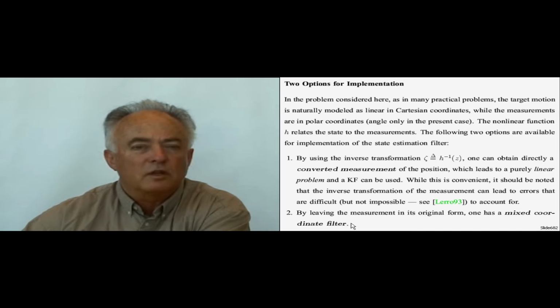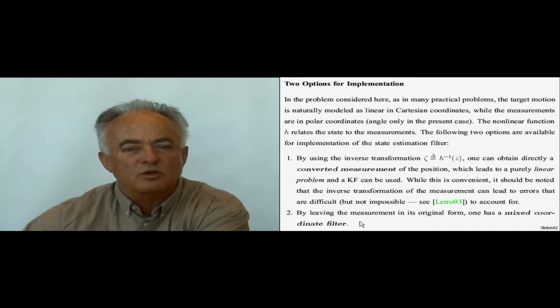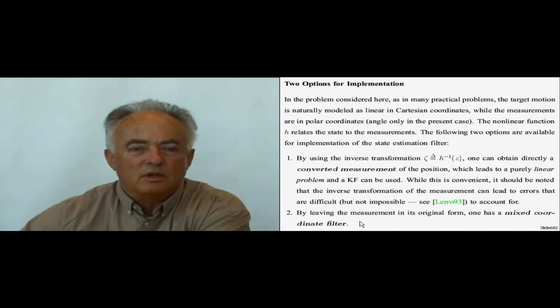The state stays in Cartesian because that's the natural choice, and the reason the state is naturally modeled in Cartesian is that constant velocity is a very easy model in Cartesian. However, in polar coordinates, from the coordinates centered at the sensor, this becomes a very nonlinear model.